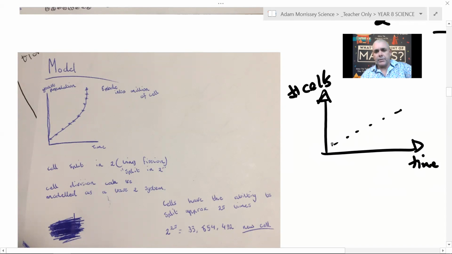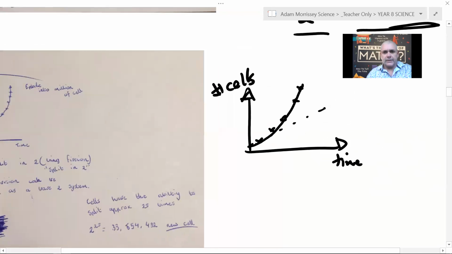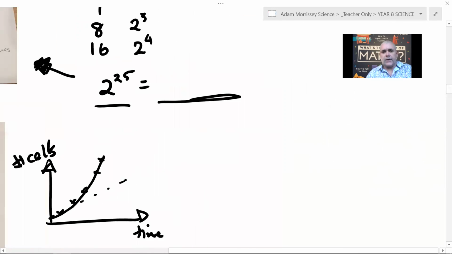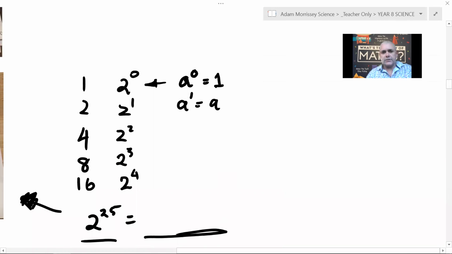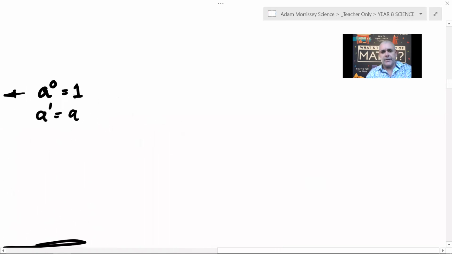We plot a few points out, and we realized that it is a curve. And this doubling, this type of exponential growth, we can do that. What's really interesting here is we can help refine our model, because I'm asking students what's happening.